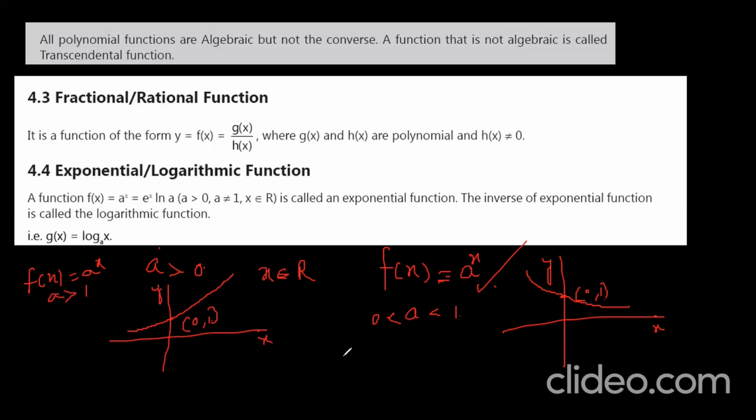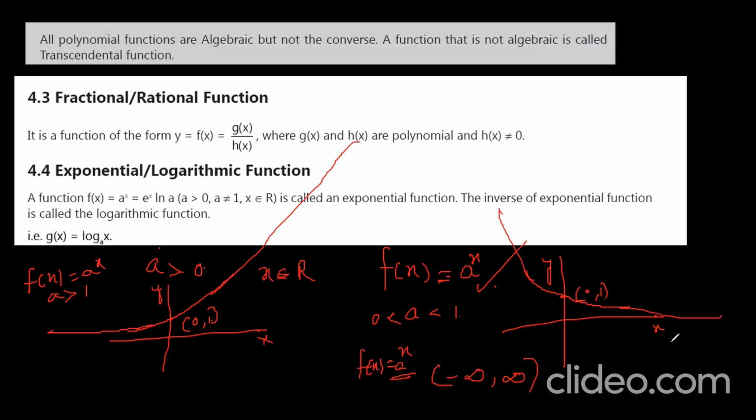So what is the domain of f of x is equal to a power x? The domain of a power x is going to be minus infinity, comma plus infinity. You see, it is going like this toward minus infinity, and like this toward plus infinity here also. You understand?